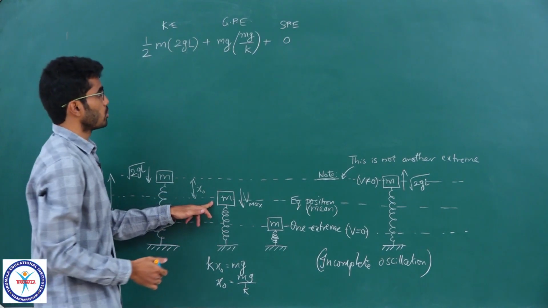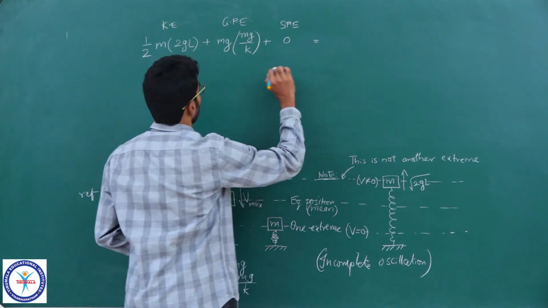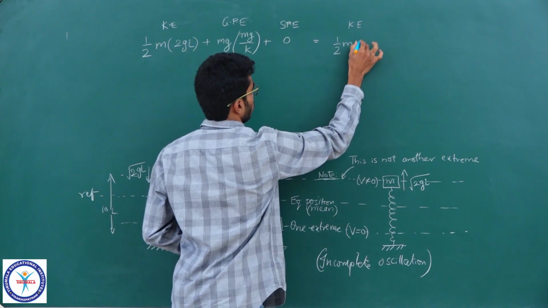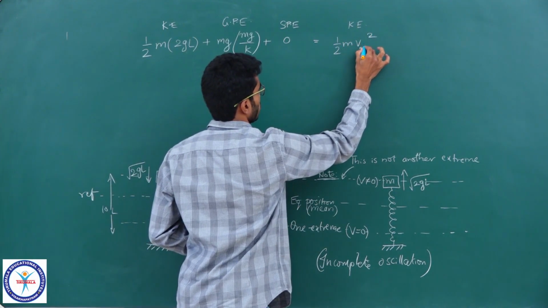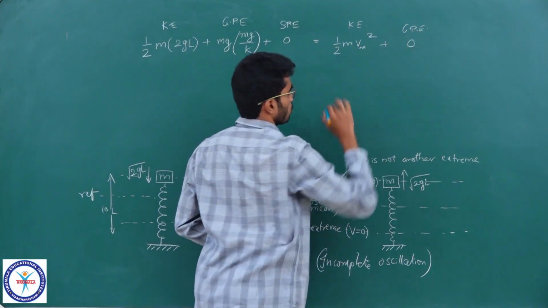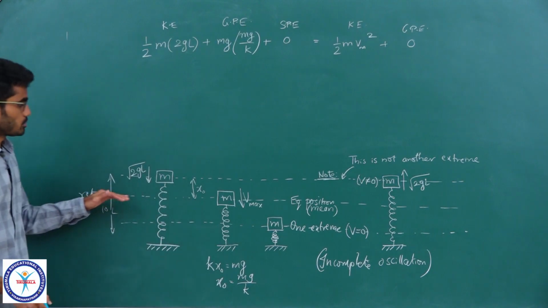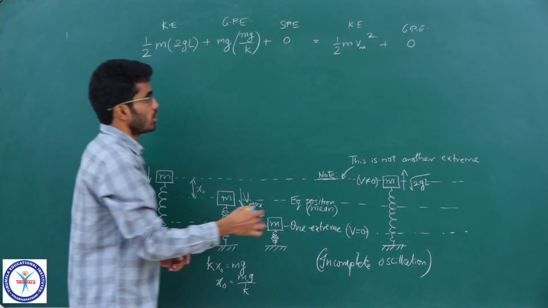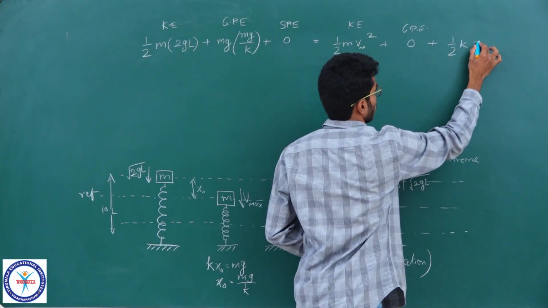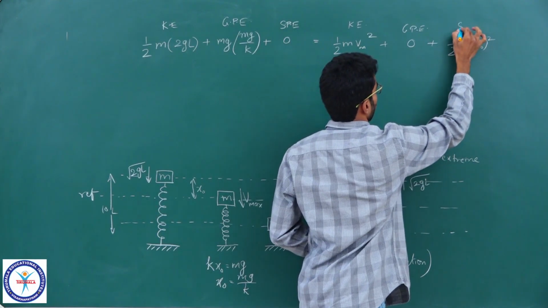Now, for this scenario the kinetic energy will be half m v max square, which we have to calculate, plus gravitational potential energy will be 0 because that is our reference level. Now, the spring potential energy is half k the compression x naught square.